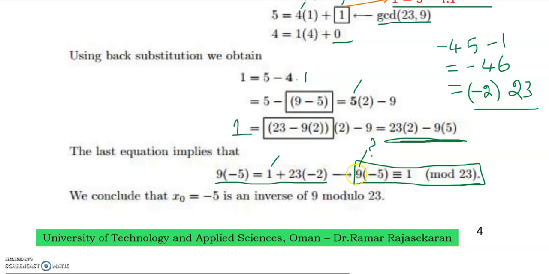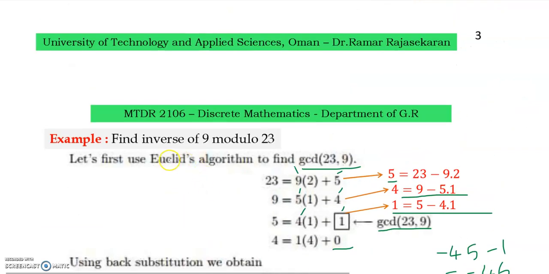This is called the inverse of 9. So I can say that the inverse of 9 modulo 23 is nothing but minus 5. That is our question. So what is your question? Find the inverse of 9 modulo 23.